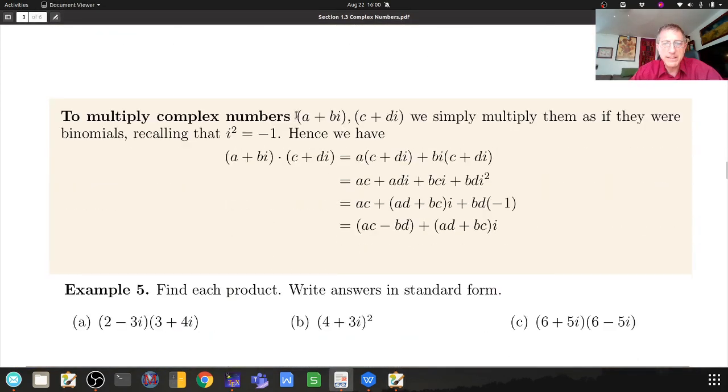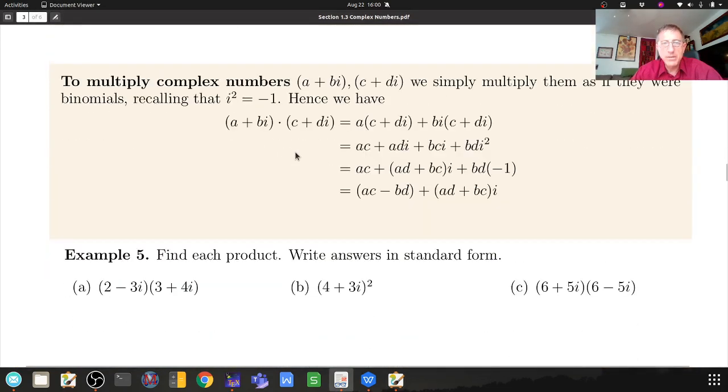Adding and subtracting. When we multiply two complex numbers, we multiply them just like we're multiplying two binomials. We just use distribution, and we remember that i squared is equal to minus 1. Here is a formula. If you want to memorize this, more power to you.